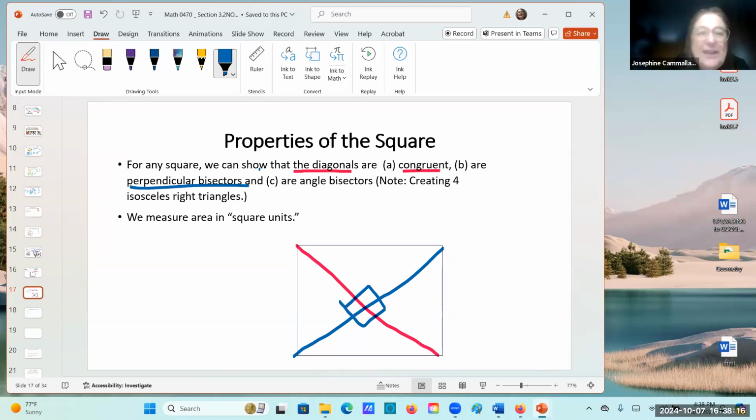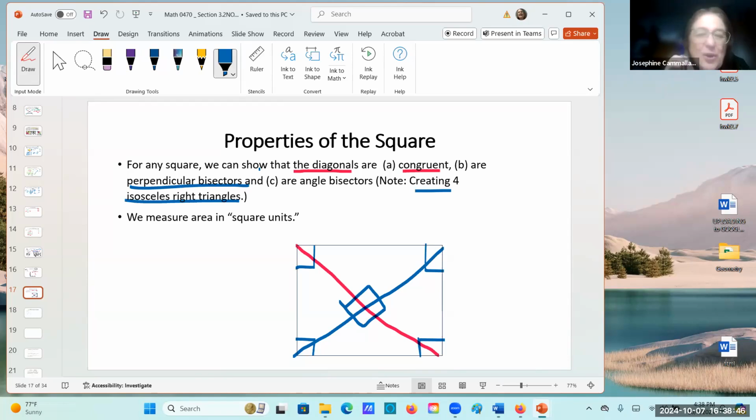This has got all right angles. But this one is always 4 isosceles right triangles inside, but it's also 4 large isosceles triangles in this figure as well.